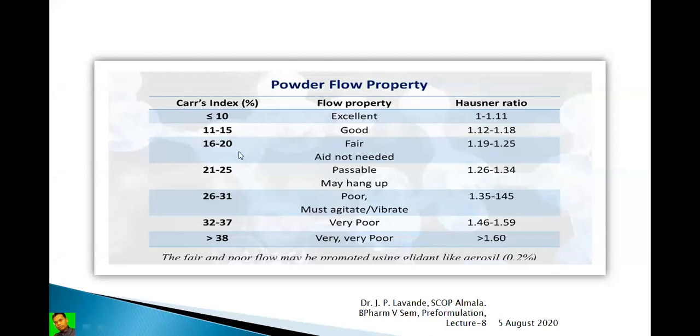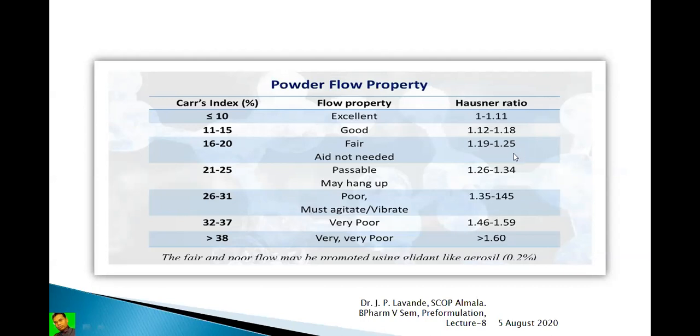It is said that the flow property is fair, which does not require the addition of a glidant. So it is in the range of 16 to 20 for Carr's index, and for Hausner's ratio it is 1.19 to 1.25. It is the optimum limit.